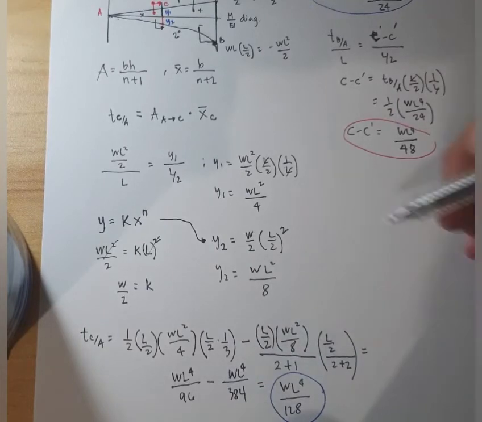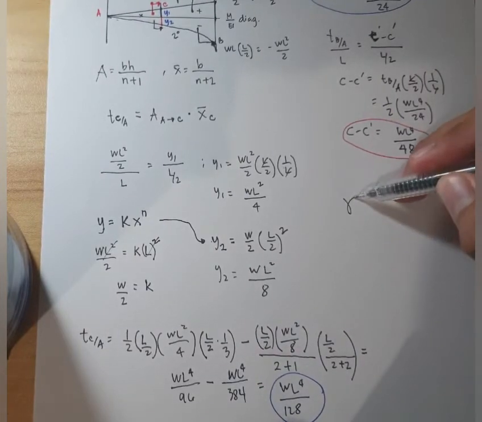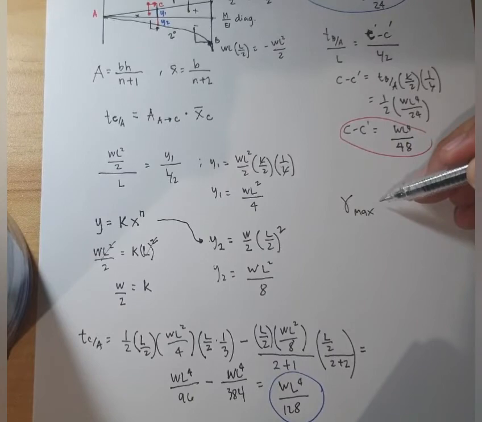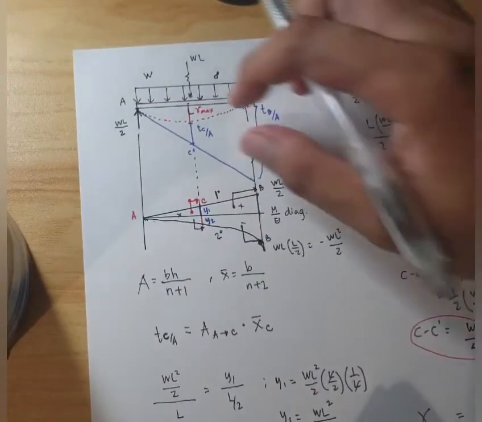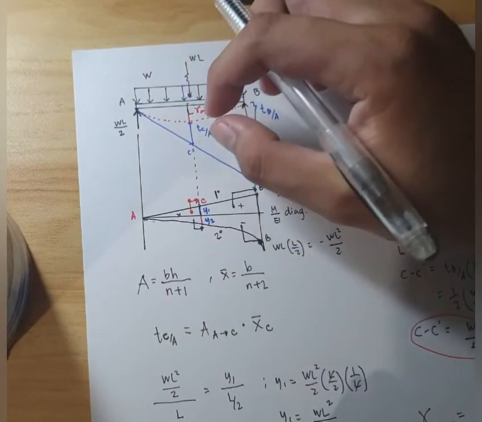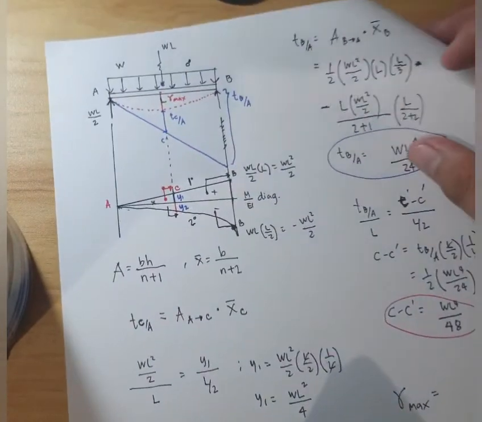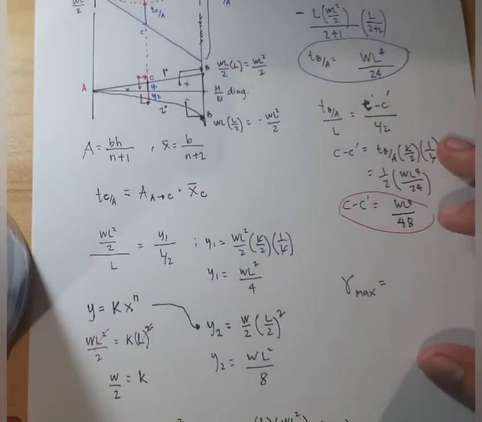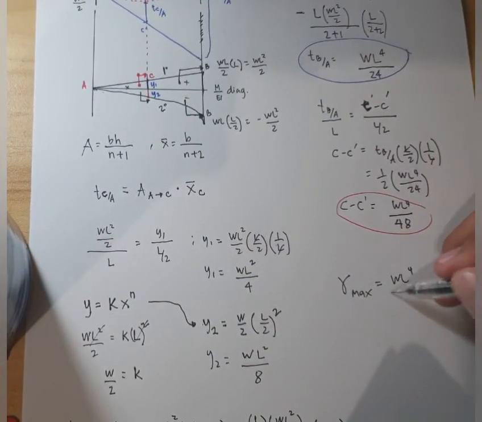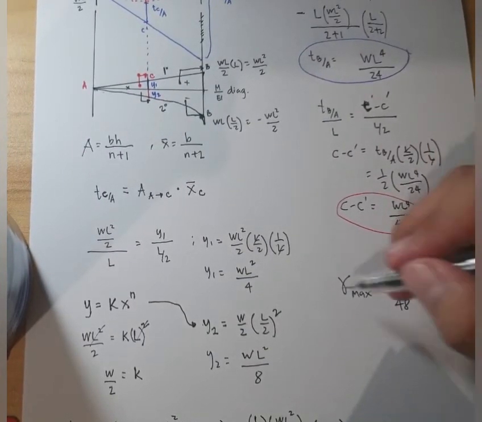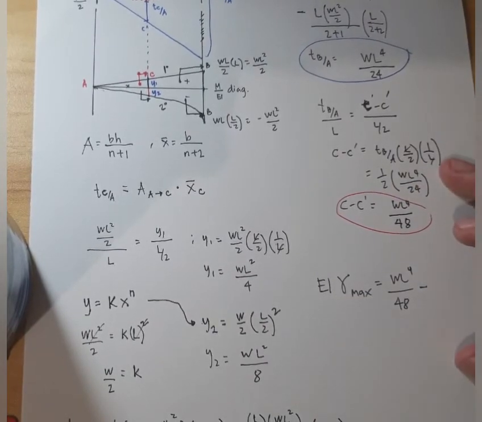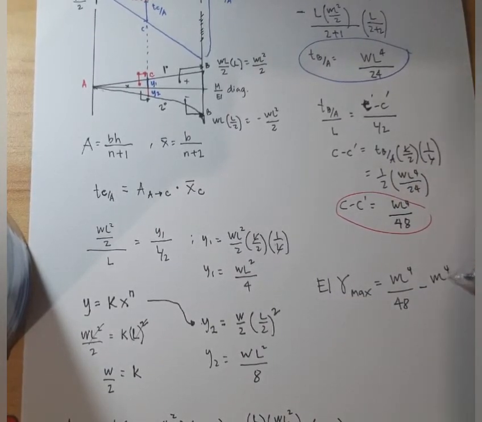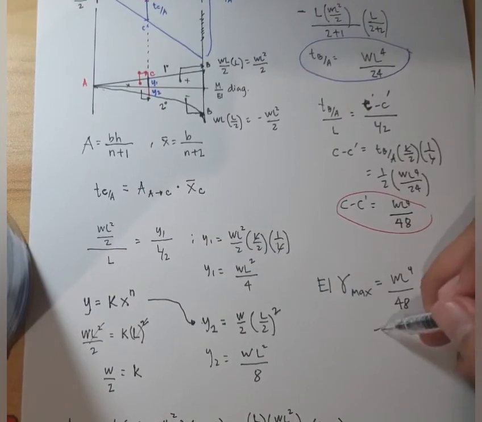So you can now compute the maximum deflection, that is CC prime minus TCA. The CC prime is WL to the 4 over 48 EI, minus WL to the 4 over 128.